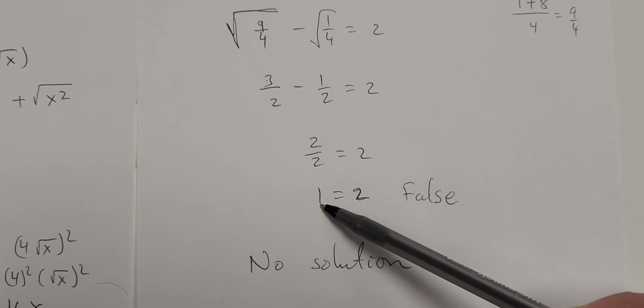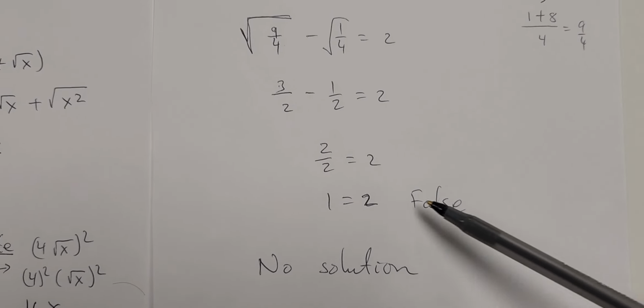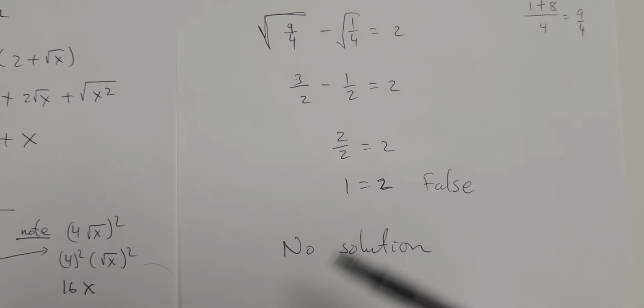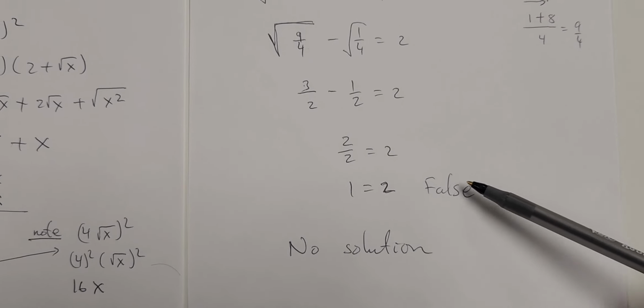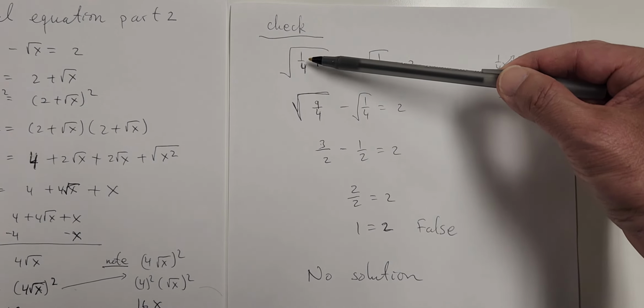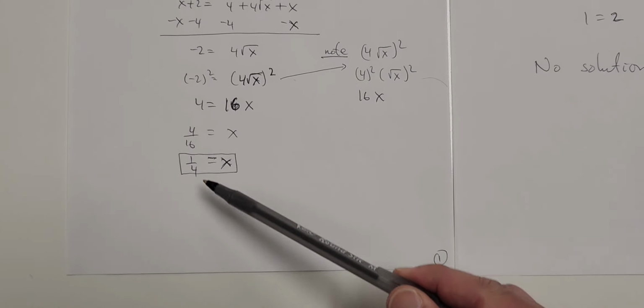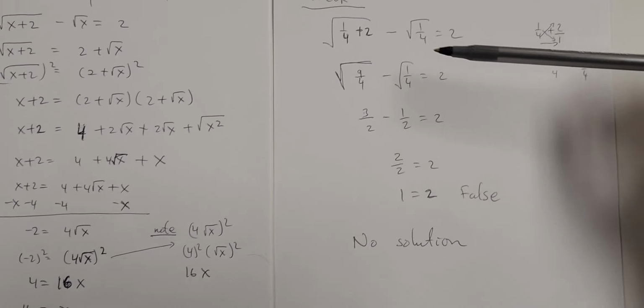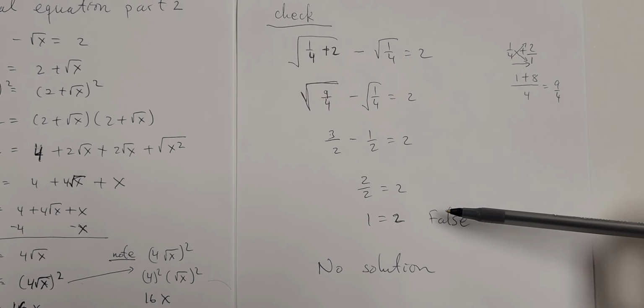However, if you notice, 1 cannot equal 2. That's false. So therefore, even though 1/4 is the solution from solving, when we check 1/4, it came out to be false.